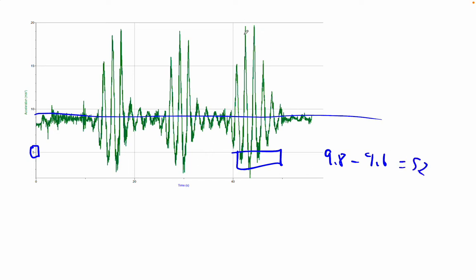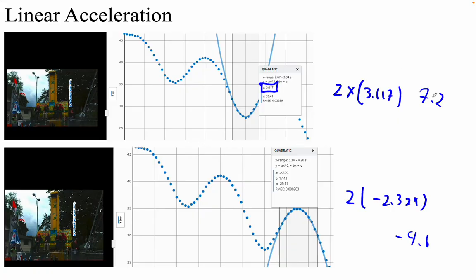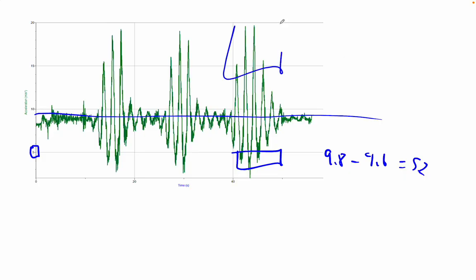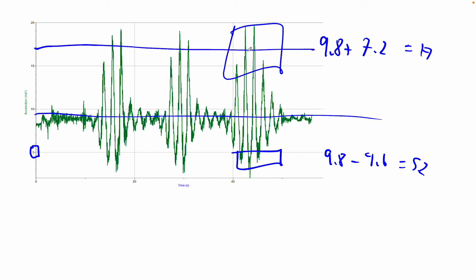Then for these upward accelerations, we figured out that we were accelerating up at about 7.2 roughly. So this stuff here should be 9.8 plus 7.2. Well, that's 17. Are we close to 17? Yeah, sure. Here's 17, right in the ballpark. It seems to be bigger than that, though, but these smaller accelerations are like that.